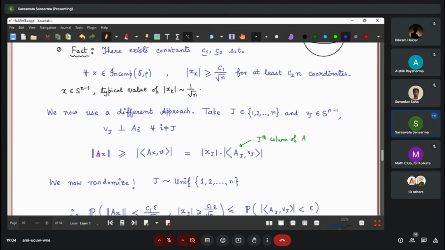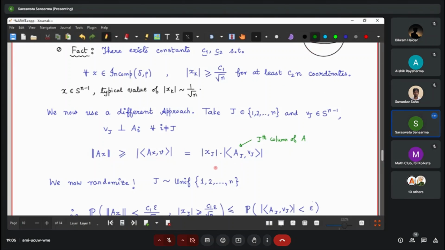Then the norm of Ax is of course greater than the inner product of Ax with V, because only if you take the infimum over V do you get an equality. And V is perpendicular to everything except A_J, so we get this. A_J denotes the jth column of A, and this is the exact equality that we get.